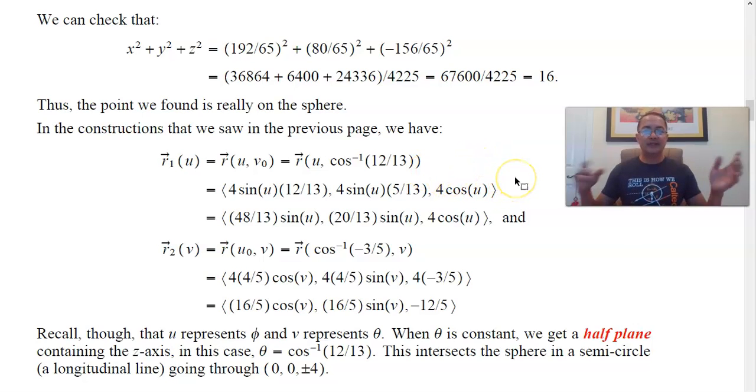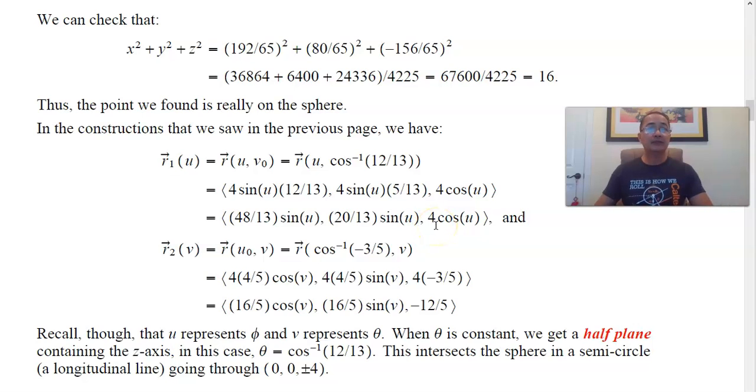So what are these C1 and C2 that we were talking about in the previous page? We will keep V constant at V sub 0, inverse cosine 12 over 13, and we will construct a parametrization where we only see the variable u now.